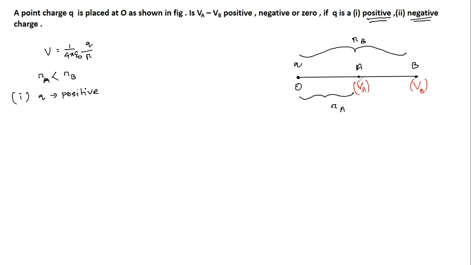In that case, potential at point A will be greater than potential at point B, because electric potential and distance are inversely related. Therefore, VA minus VB will be a positive value for a positive charge.